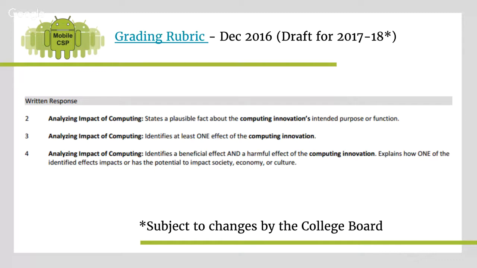The problem with that type of response is that it didn't provide enough detail around what the effect was on society. They gave an example of how the impact could be negative to a person, but they didn't talk about how that impact would affect the society.